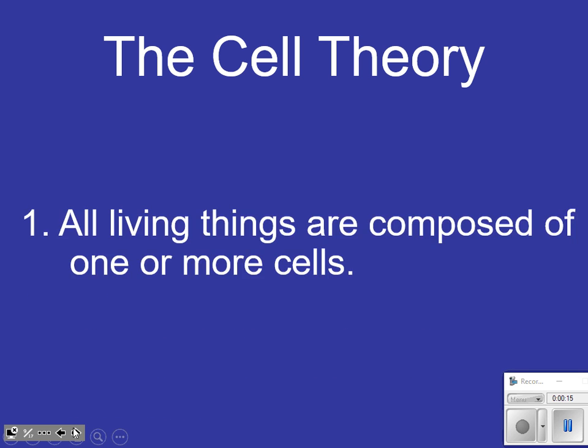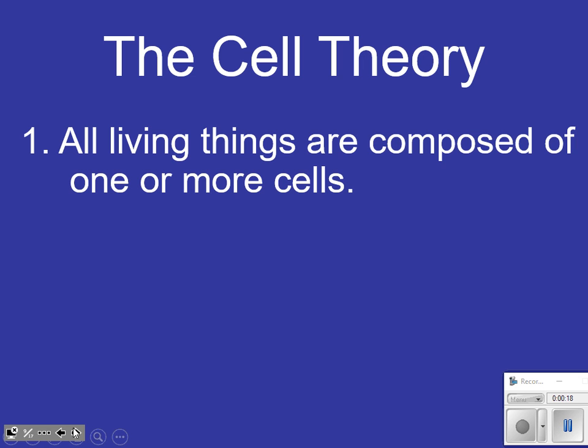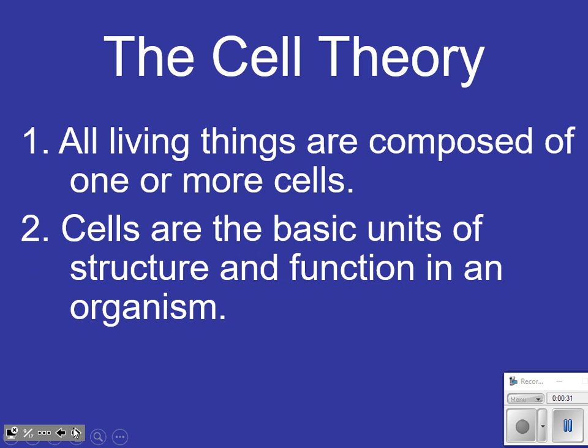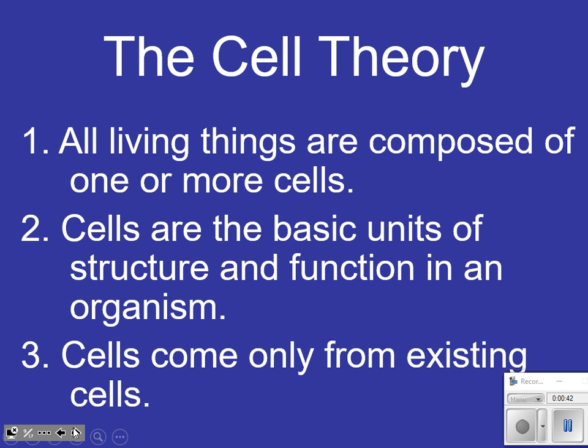If you remember, the cell theory stated that all living things are composed of one or more cells, that cells are the basic unit of structure and function in an organism, and finally, that cells come from pre-existing cells. So those were the three parts of the cell theory.